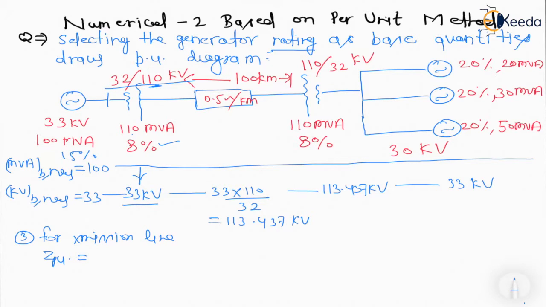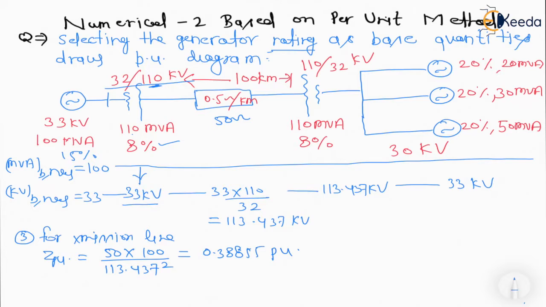The third one is for the transmission line. ZPU will be equal to Z actual, which is 0.5 ohm per kilometer. So for 100 kilometers it will be equal to 50 ohm. So 50 into MVAB new 100 upon KVB, which we take as 113.437 squared, and that is equal to 0.38855 per unit.